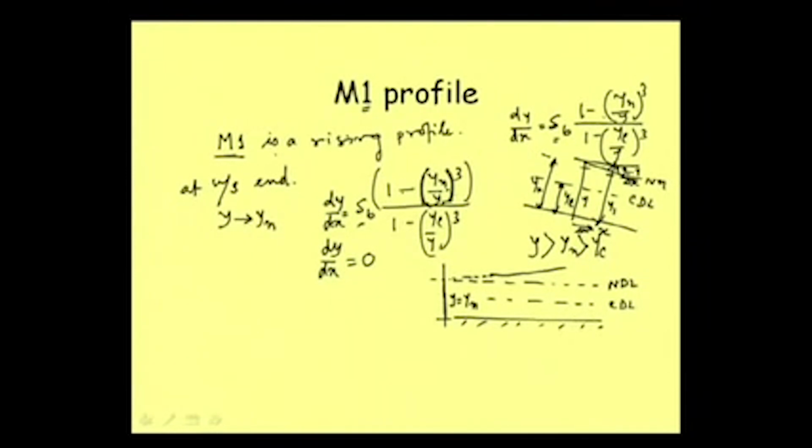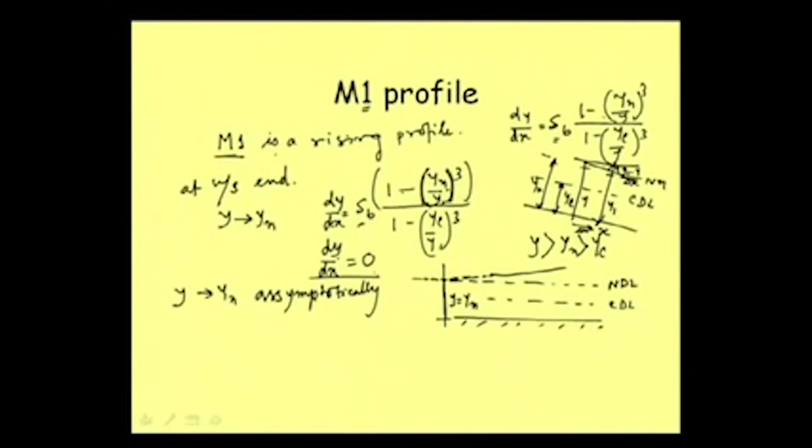Suppose we are increasing the y value, the slope dy dx is 0 here, and dy dx 0 means this gradually varied flow line will meet the normal depth line asymptotically. So, y tends to become yn asymptotically, that is what we can say from this particular value, dy dx equal to 0.